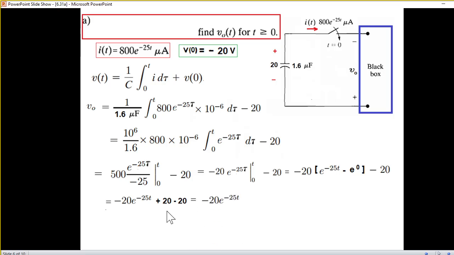Solving these, the two cancel, and minus 20 e raised to the power minus 25t is the voltage. So this is v0(t). At any time t greater than or equal to 0, this is the voltage.